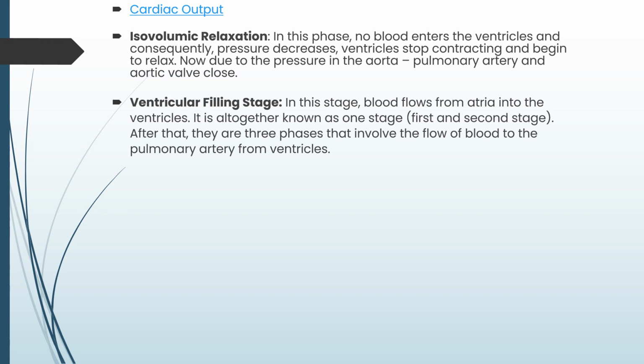Ventricular filling stage. In this stage, blood flows from atria into the ventricles. It is altogether known as one stage, that is first and second stage. After that, there are three phases that involve the flow of blood to the pulmonary artery from ventricles.